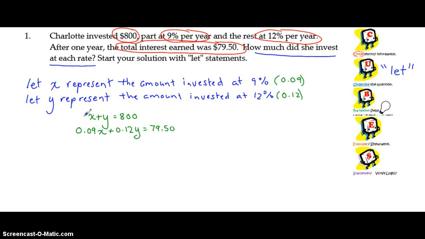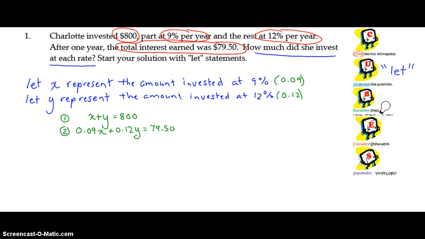So with mixture problems, one of your equations will always start with x plus y, and in the second equation, the x and the y are multiplied by your rate or your percentage or whatever it is that is relevant to the question, and then that equals the third quantity.